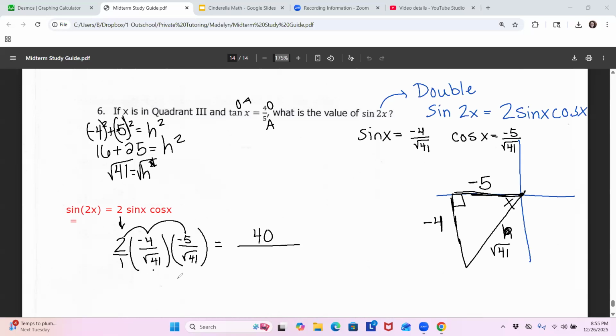And the bottom, root times root would be root 41 squared, but that would just bust out. And we have a final answer of 40 over 41. So I knew the root was going to go away. That's why I didn't bother fixing it, though we could have. We didn't need to.